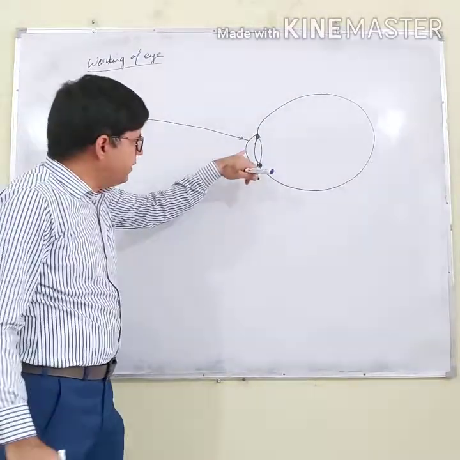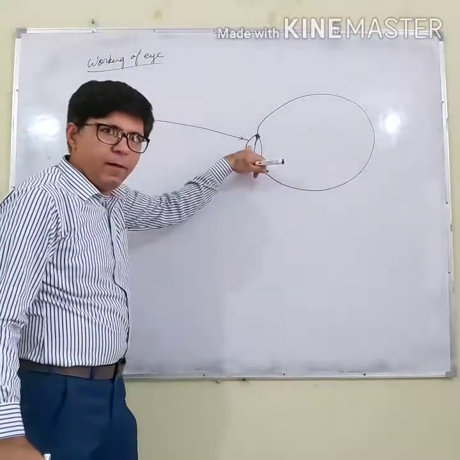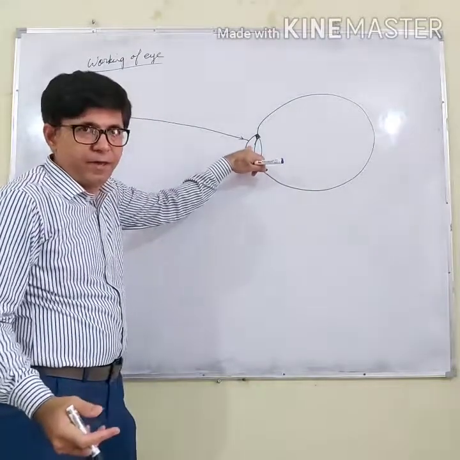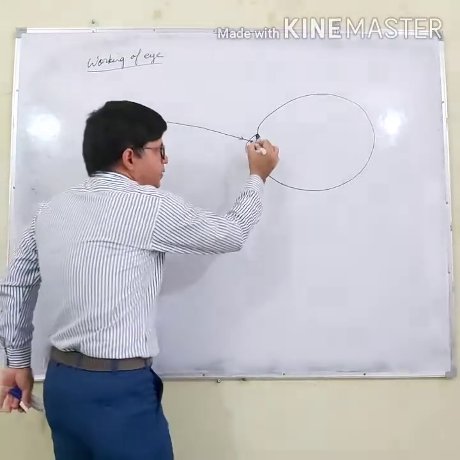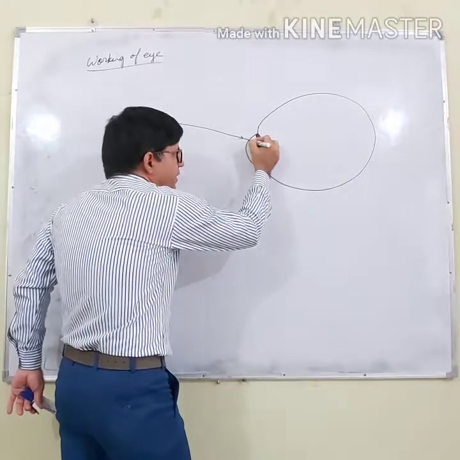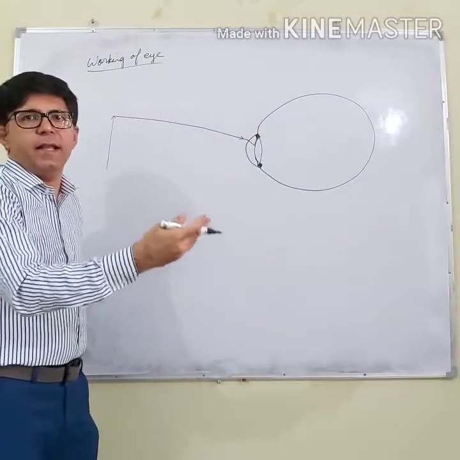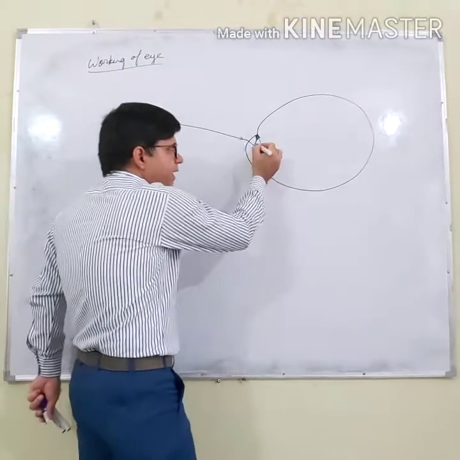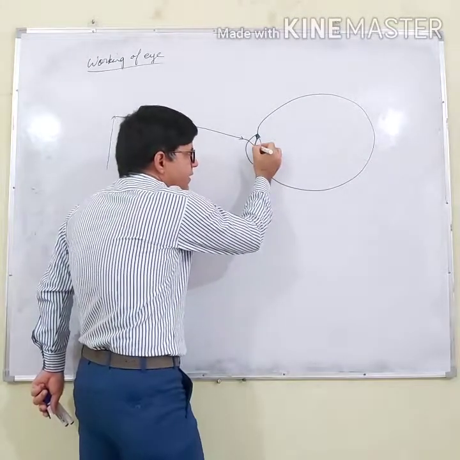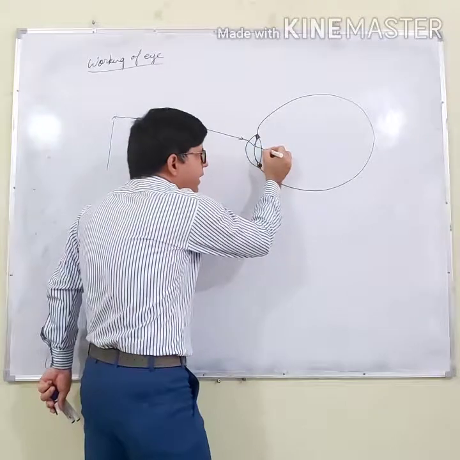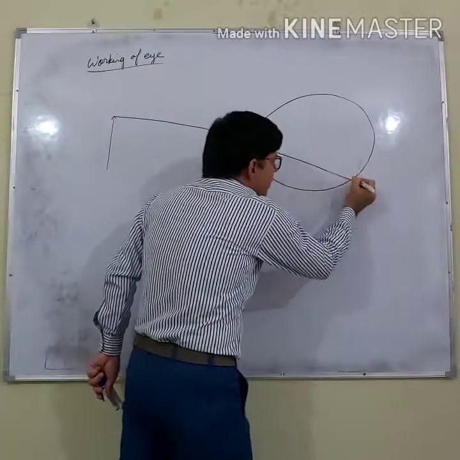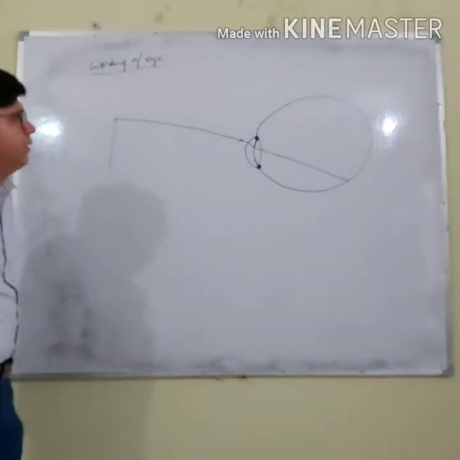The first ray will enter the cornea and refraction will take place, so bending of light takes place. Now further it enters the eye lens, and further bending will take place.